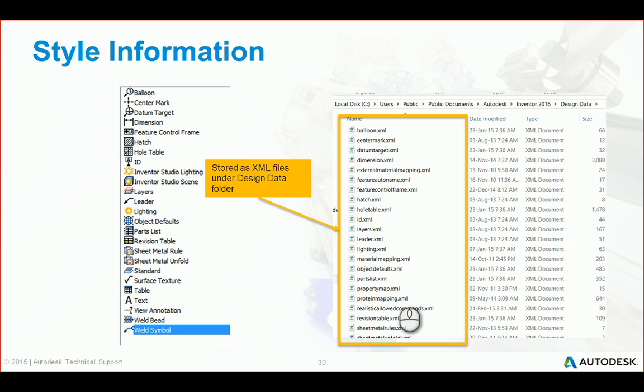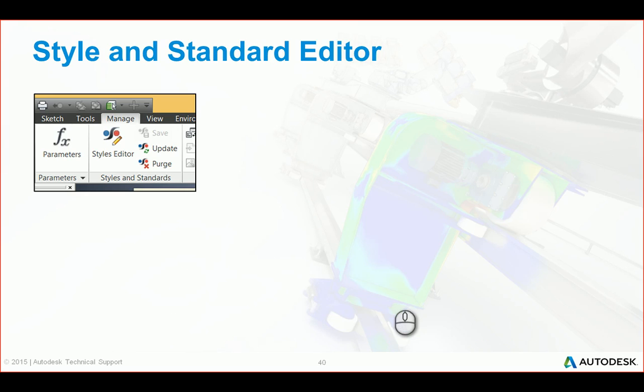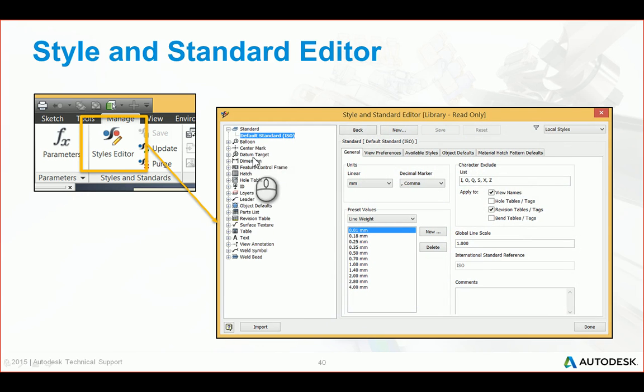So if you have a new sheet metal rule that you're trying to get into your style library, you need to put it in. The IPJ has to be read write. Same with dimension styles. So you'll hit the style editor under the Manage tab and come in.